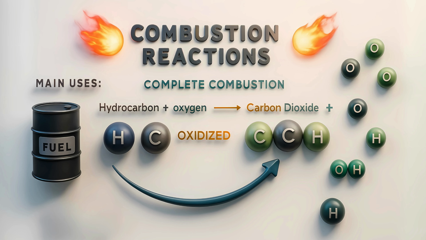In this type of reaction, the hydrocarbon reacts fully with oxygen to produce 2 products, carbon dioxide and water, along with the release of heat energy, making it an exothermic reaction. From a chemical perspective, during combustion, both the carbon and hydrogen atoms in the hydrocarbon are oxidized, meaning they combine with oxygen. Carbon forms carbon dioxide, CO2, and hydrogen forms water, H2O.